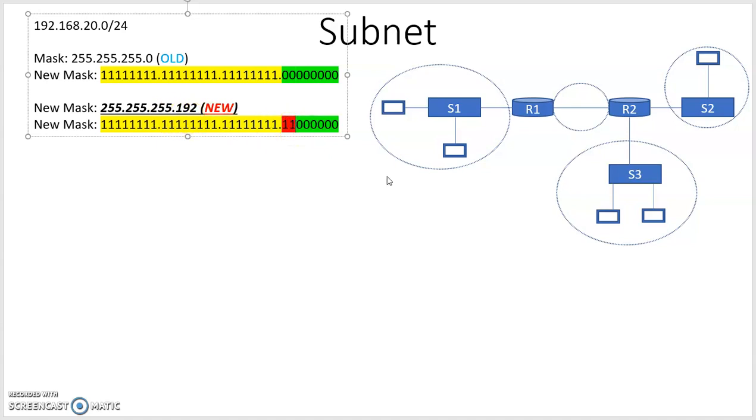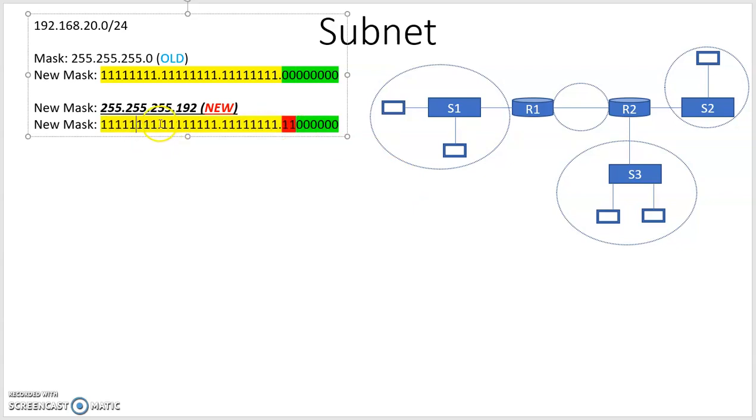So by borrowing 2 bits, we now have 24 plus 2 bits, that is 26 bits for the network portion.